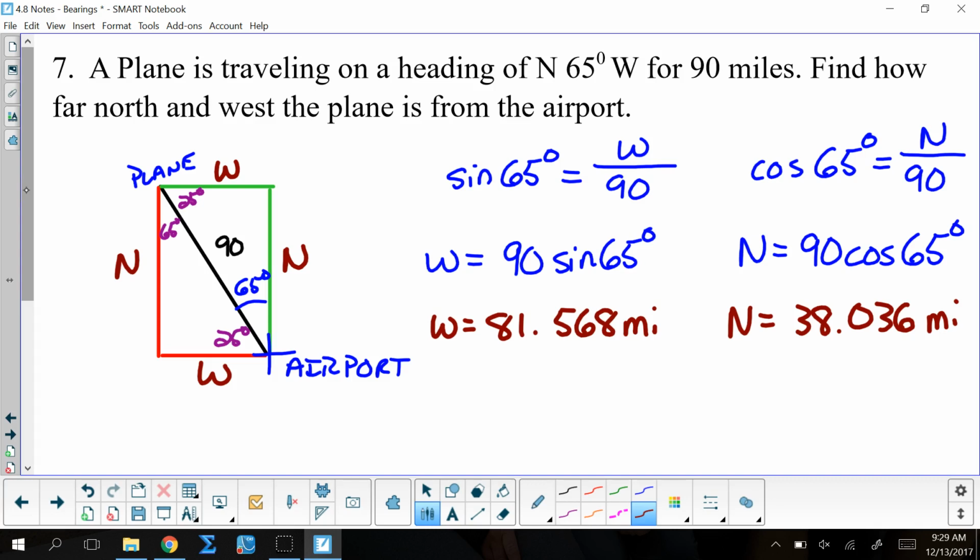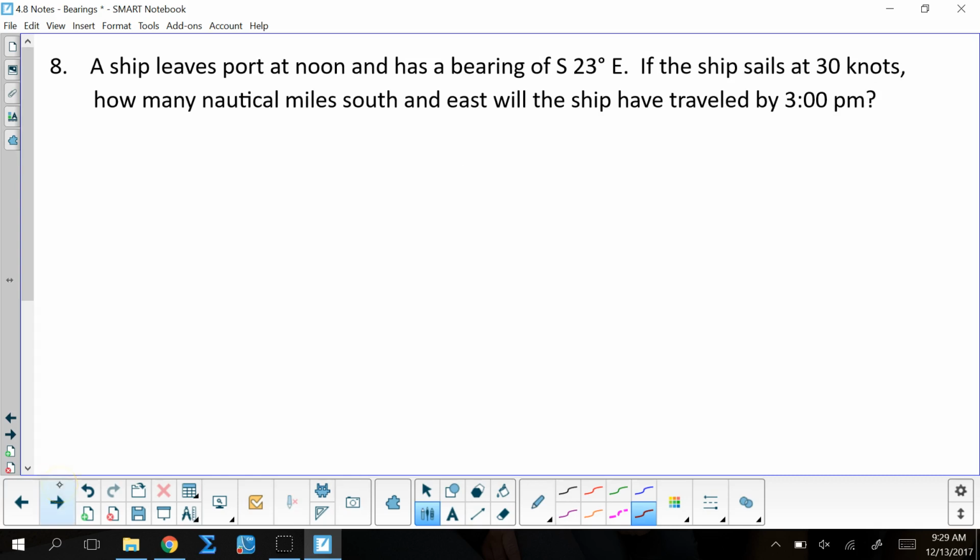Okay. Yes? What I would like you to do now is I would like you to be a captain, my captain, and sail your ship. All right, so a ship leaves port at noon and has a bearing of south 23 degrees east.